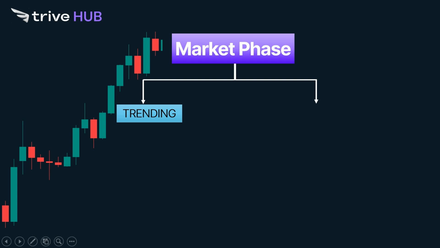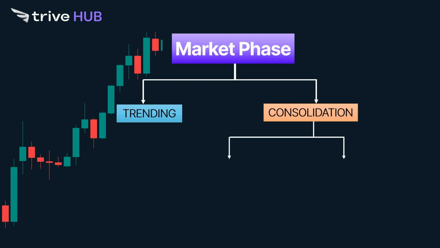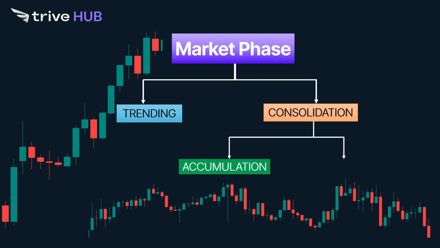So a trending market can be both uptrend or downtrend because in both of the trends the direction is very much clear. And the second phase is consolidation, where the direction is not there, meaning the market is moving sideways, neither up nor down. In the consolidation phase there are two segments, which are accumulation and distribution.